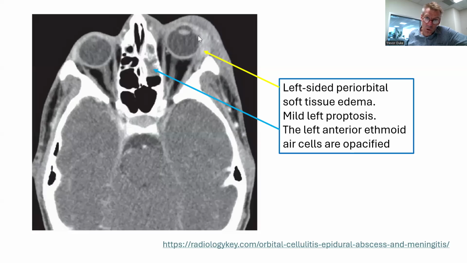You can see how swollen the soft tissues surrounding the eye are. This is the muscles surrounding the extraocular muscles, and you can see that they're all edematous. Compared with this side, where the extraocular muscles are quite fine. The child's got mild left proptosis, and just have a look, these are the ethmoid air cells, and normally they look like this, black being full of air.